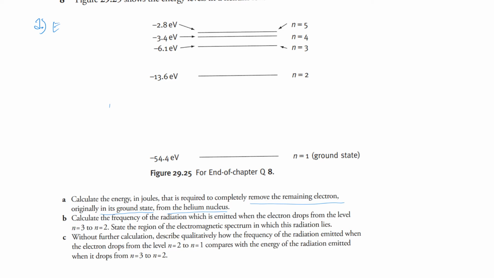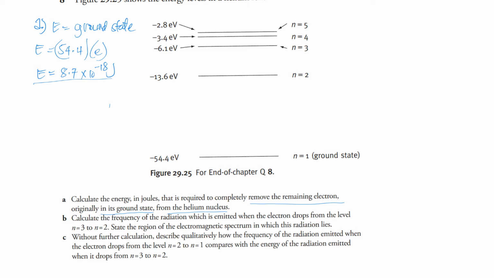The energy required will be equal to the ground state, which is n equals 1. So we know energy is 54.4 multiplied by the charge of the electron. So E will be around 8.7 times 10 to negative 18 J. Alright, so that is our letter A.